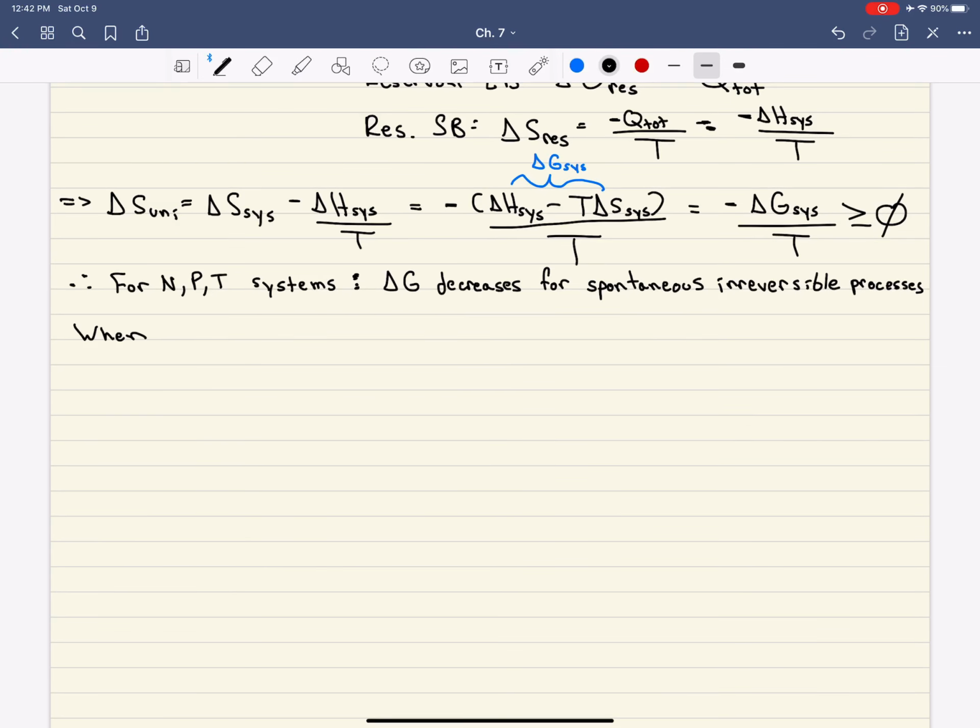And when the entropy of the universe is maximized, such that delta S of the universe is just equal to 0, what we find is that the Gibbs energy will reach a minimum, or will be at a minimum.